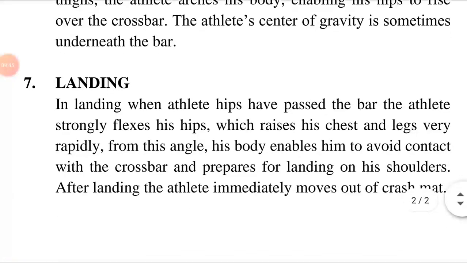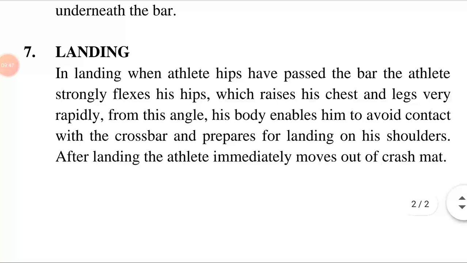In landing, when the athlete's hips have passed the bar, the athlete strongly flexes his hips, which raises his chest and legs very rapidly. From this angle, his body is able to avoid contact with the crossbar and prepares for landing on his shoulders.